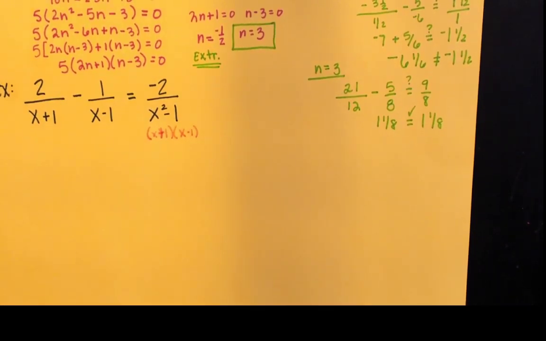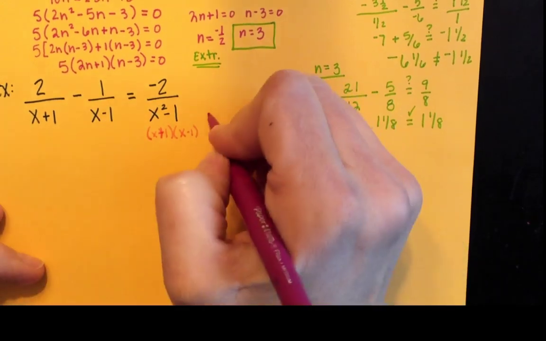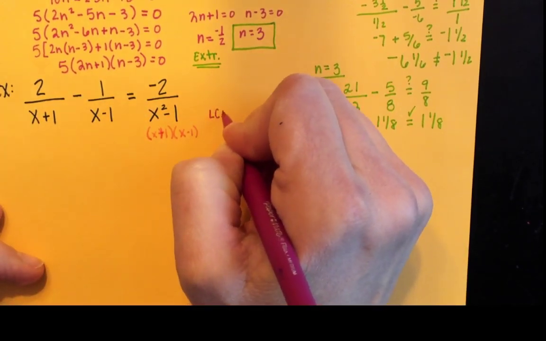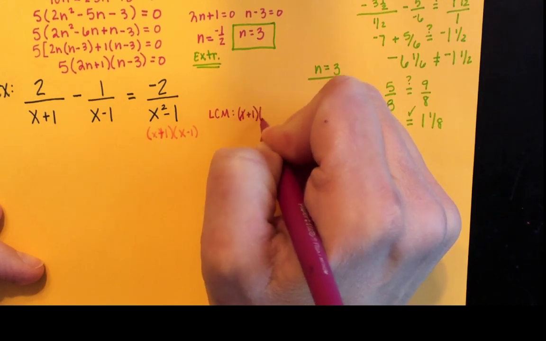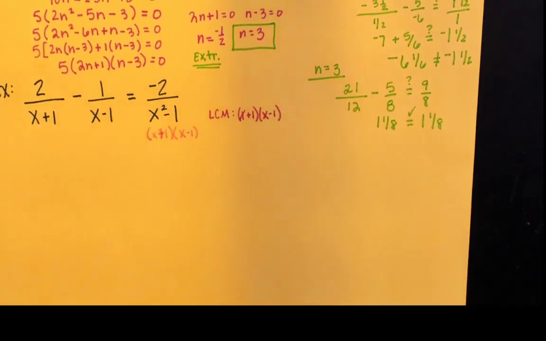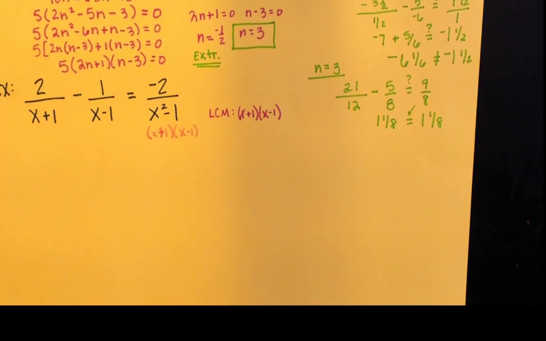That's the difference of 2 squares. So I kind of faintly put that in there. So the LCM for this one is simply x plus 1, x minus 1. So already this one seems a little nicer than the last one. Not as much to do.